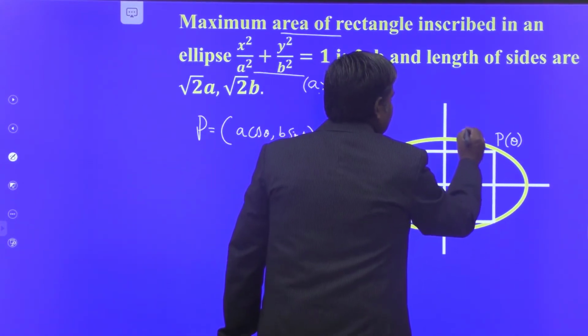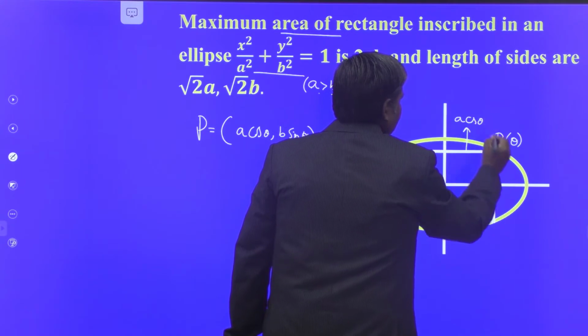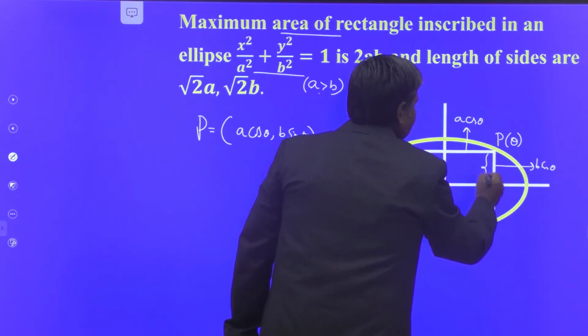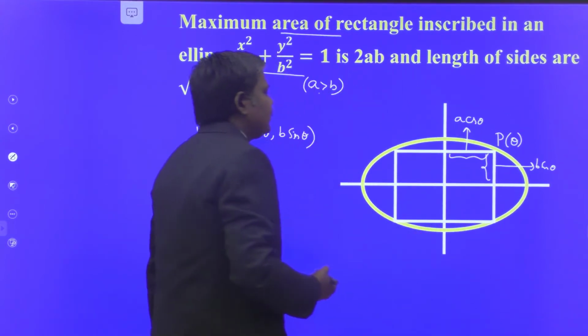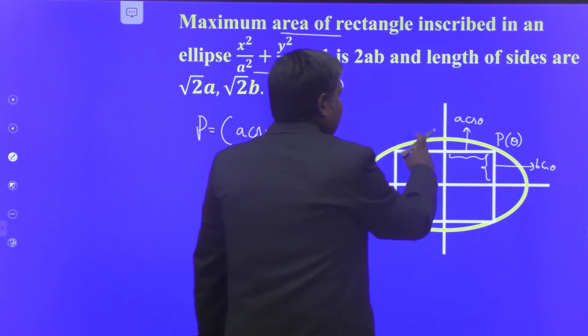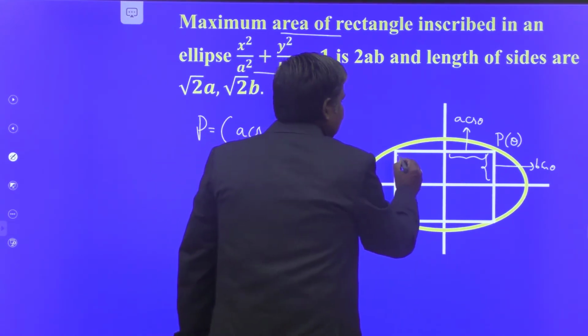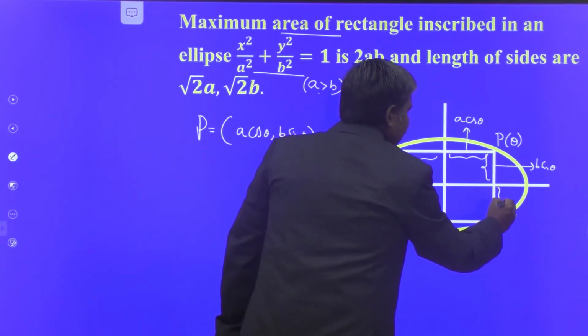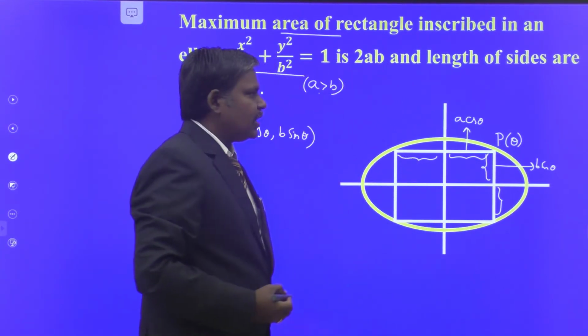This is a cos theta. This is what? b sin theta. By the definition of the coordinate system itself, a cos theta, b sin theta are there. The curve is symmetric over both x and y axis. The distance from here to here is also a cos theta. Again the distance from here to here is b sin theta.